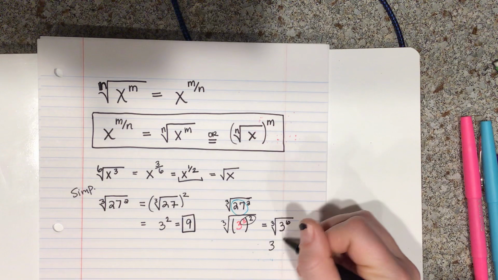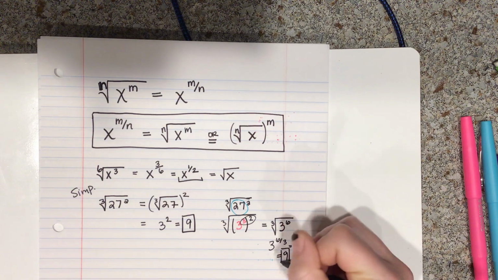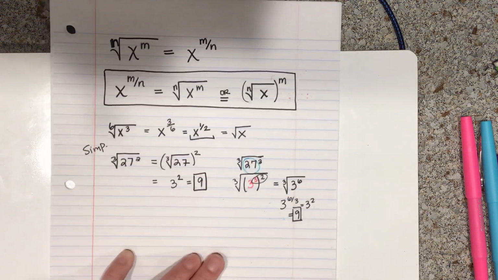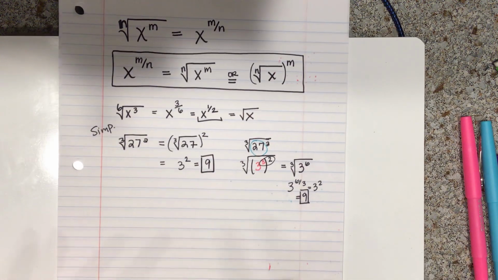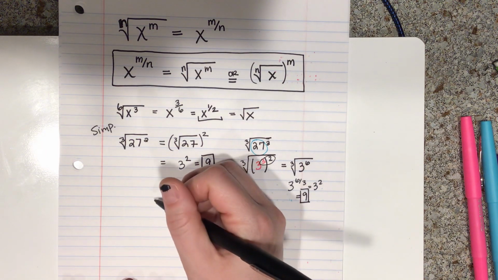But you also know now that we could rewrite that as 6 over 3, which is 3 squared, which does give us 9, as we suspected. So you're going to have to be able to go back and forth between these, and you're not going to get super complicated problems.